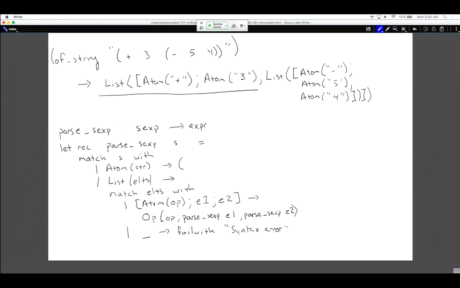So I'm going to say use int_of_string_opt. There's a function in OCaml called int_of_string_opt that takes in a string and will give you back an int if it looks like an int, with a Some wrapped around it using the option type, or it'll return None if it couldn't parse it as an int.